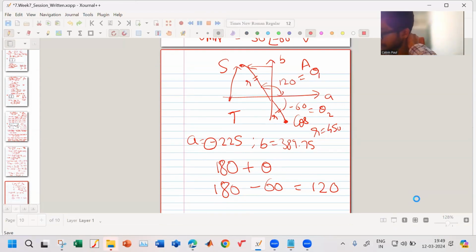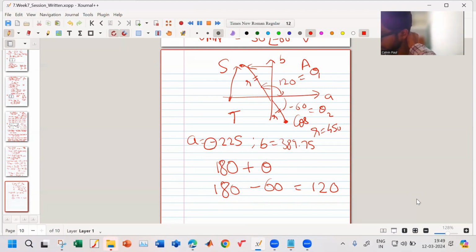Sir, what is the textbook we have to follow for this network analysis? I actually don't remember, I studied many years back.